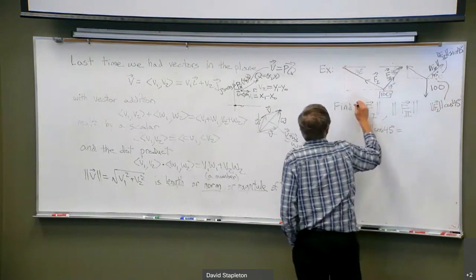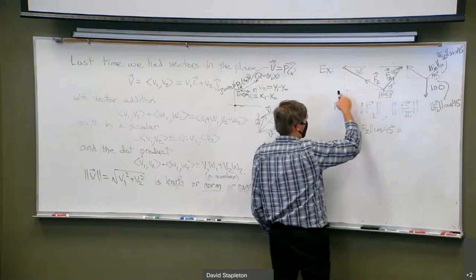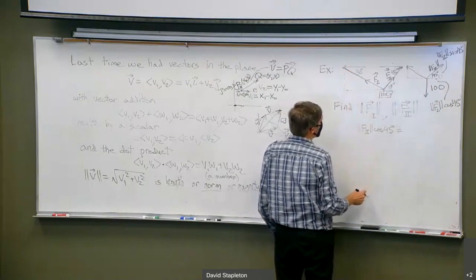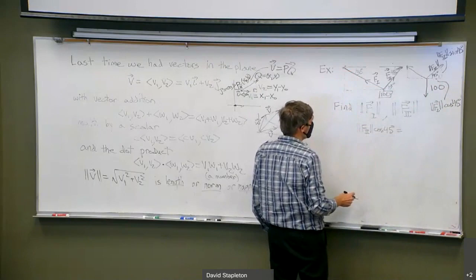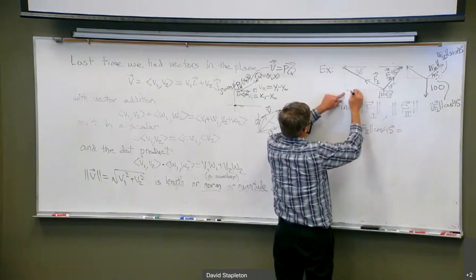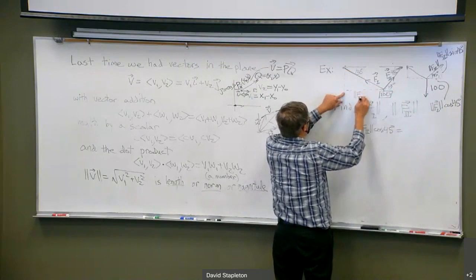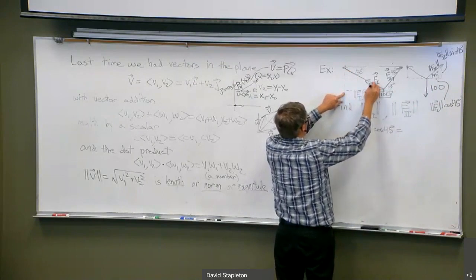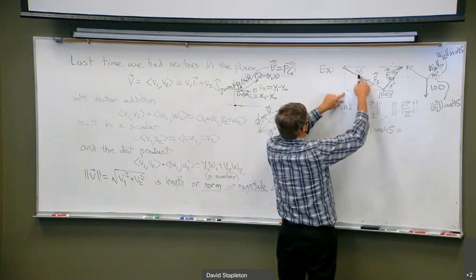We can say it has a component which is negative. The length of this side here is the length of F1 times the cosine of this angle.